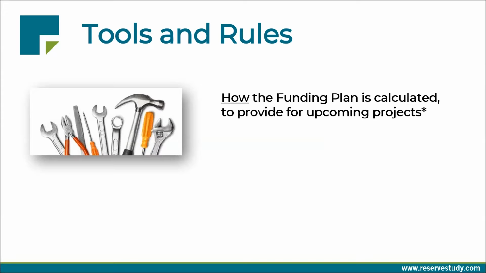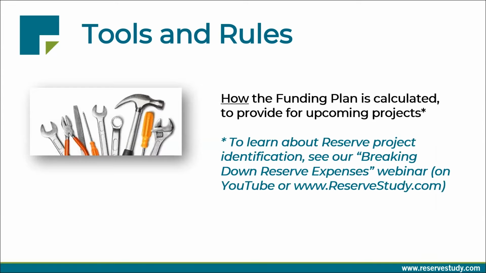And just a reminder, you see that asterisk there. How those projects are identified was our last webinar, and it's now available on our website or on YouTube. So if we want to do some catching up, it's very easy to do that.